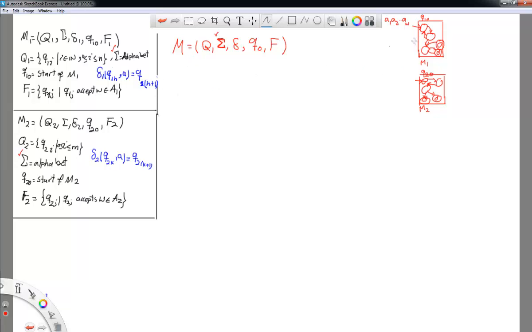So how can we simulate these two automaton together? Here's how I'm going to do it. I'm going to build Q to be Q sub 1 cross Q sub 2.